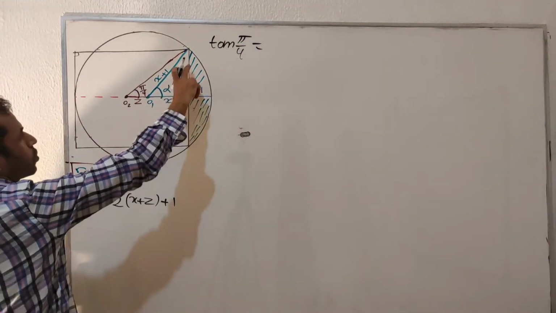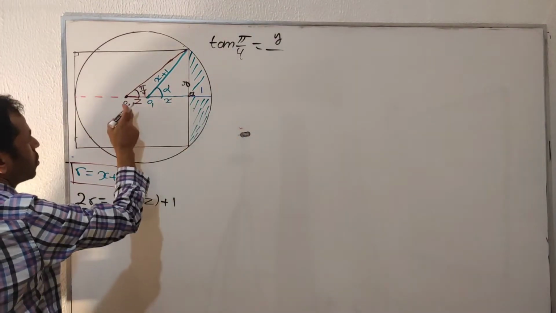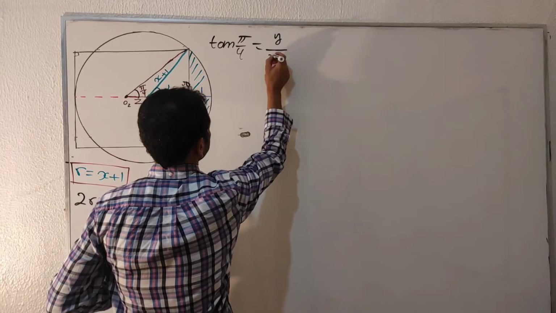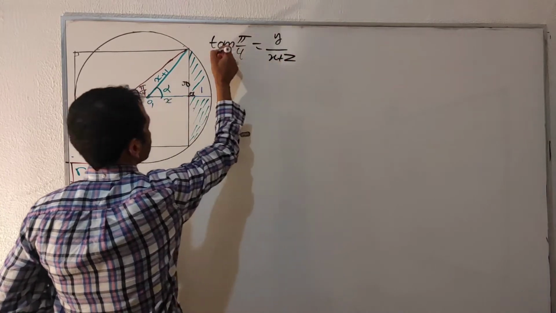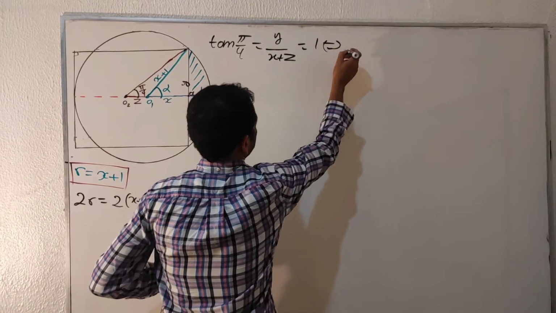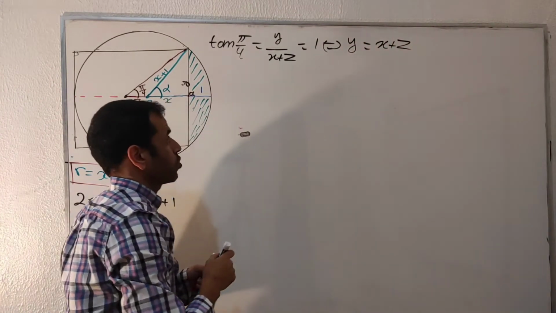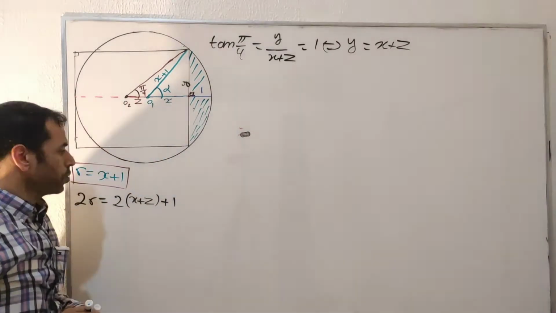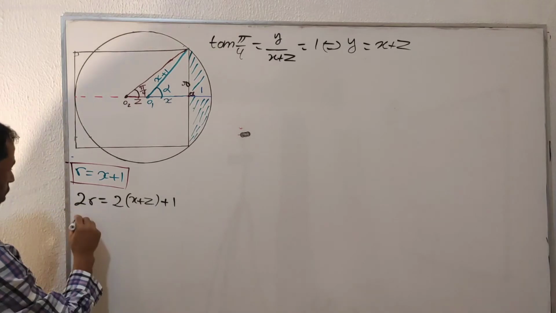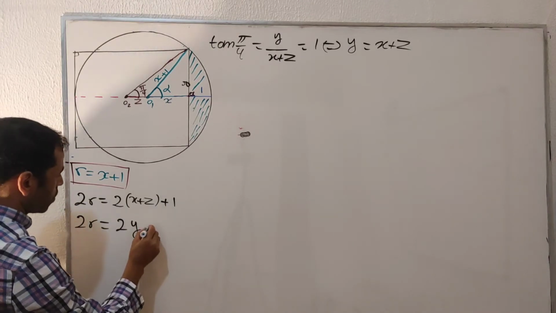Tangent of pi over 4 equals opposite, which is y, over adjacent, which is X plus Z. We know tangent of pi over 4 is 1. I get y equals X plus Z. So there is a first relationship between X, Z, and y. Let's replace X plus Z with y here. I get 2R equals 2y plus 1.